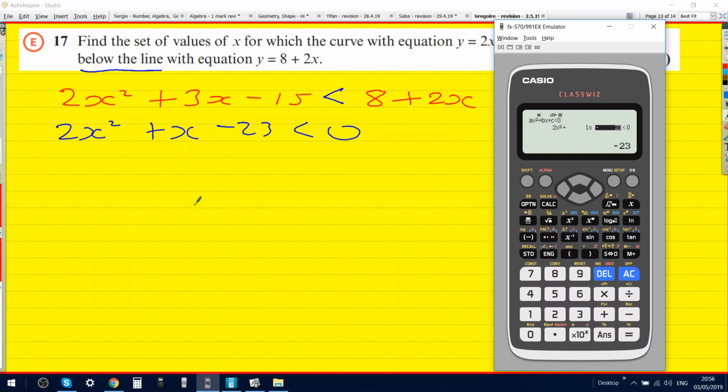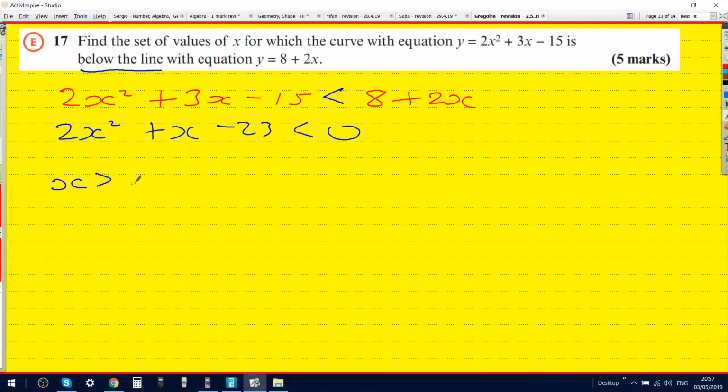So x is greater than minus 3.65, and x is less than 3.15.